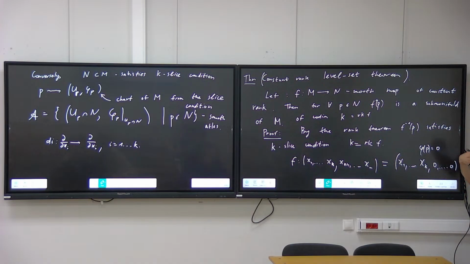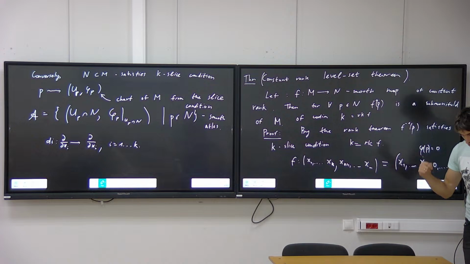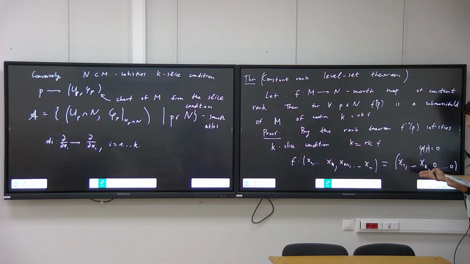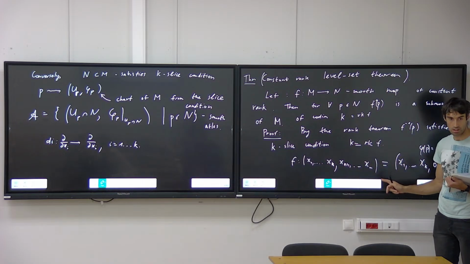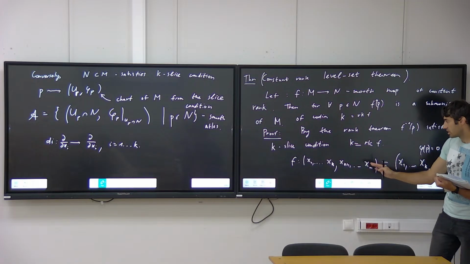That's our choice, right? At around any point, we can choose a so-called centered coordinate system where this point is just the origin. So P is a point of N. So we chose coordinates in N such that this point P is all zeros, right? And then I consider phi inverse, F inverse of P. So this will become zeros, and these are arbitrary. Sure. Well, that's kind of swapped.